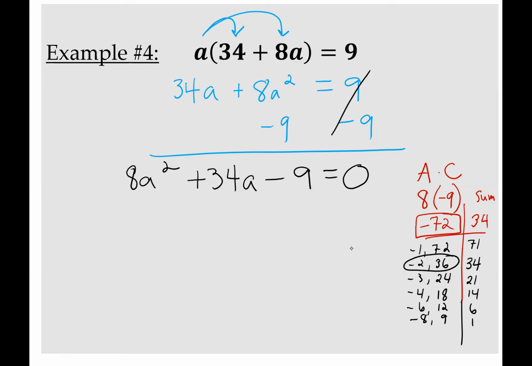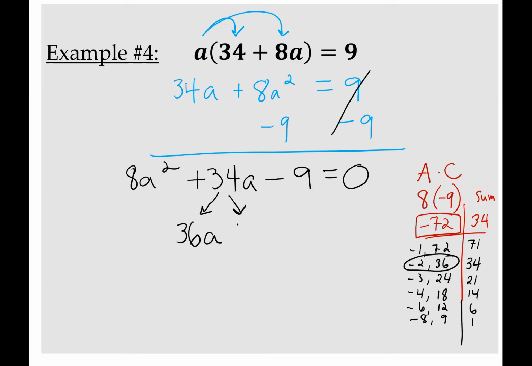Okay. Now I'm going to use those two numbers to split up my middle term of 34a. I could do this in any order. Because I've done this problem ahead of time, I'm just going to stick to what I had done already, which is I chose to put the 36 first.